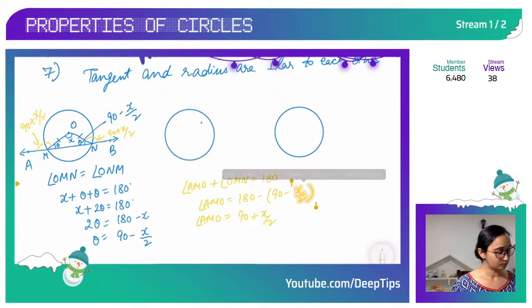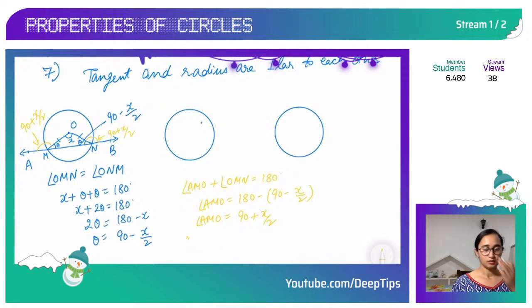Okay. Now what we are going to do now, I am going to shift this secant a little down. Then you observe what is the difference. I am bringing my secant here now. Rest everything remains the same. And here is my center, and this is my angle X. This is theta.